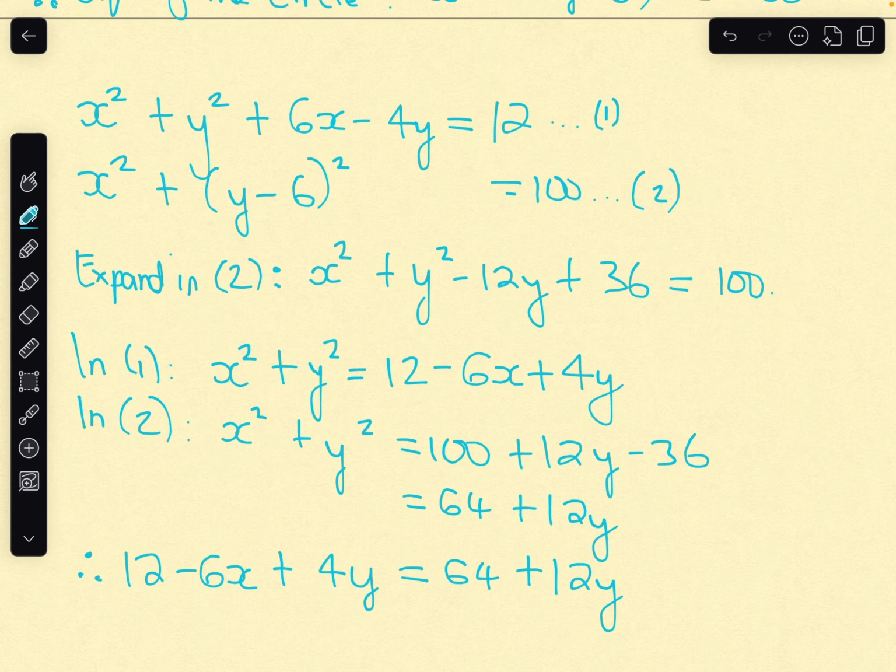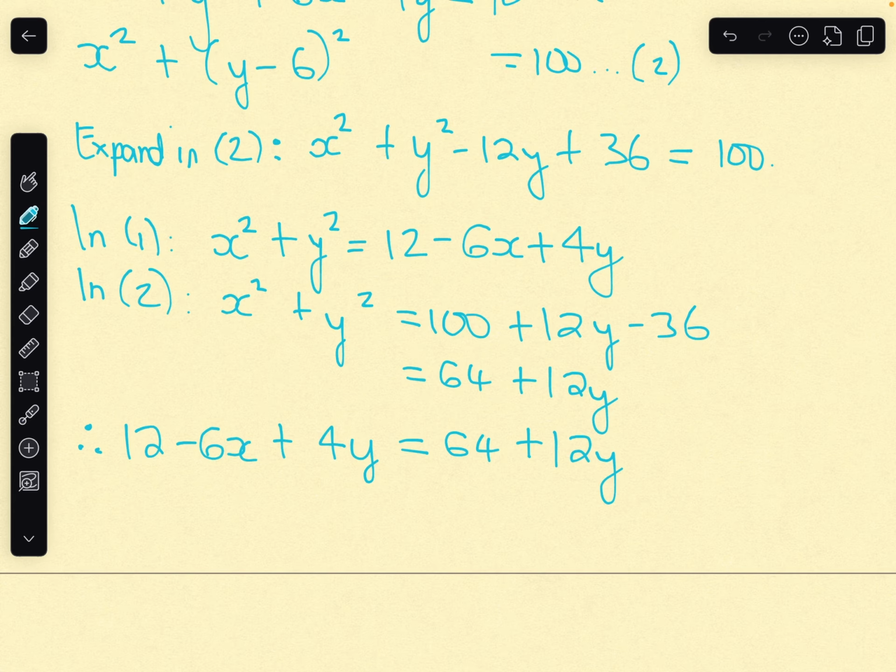Right? So then I can express the one variable in terms of the other and then put it into either one of these two. I'm going to express x in terms of y. So this one, I just need to isolate this term. So I need to minus 12 on both sides and minus 4y on both sides.